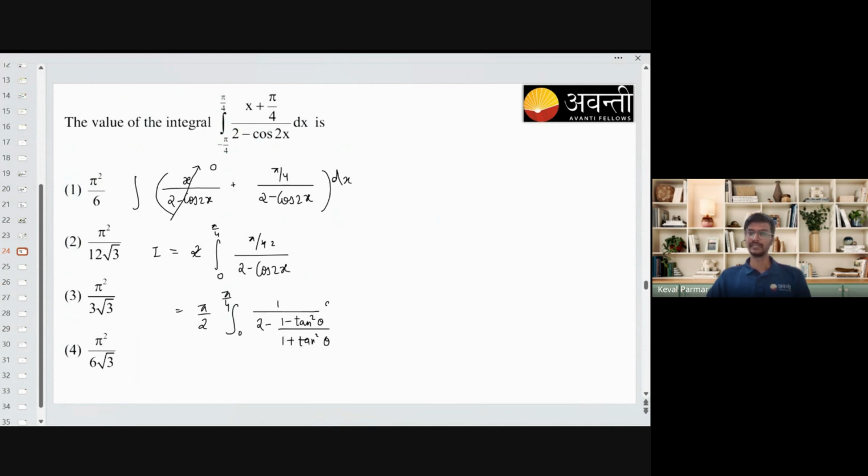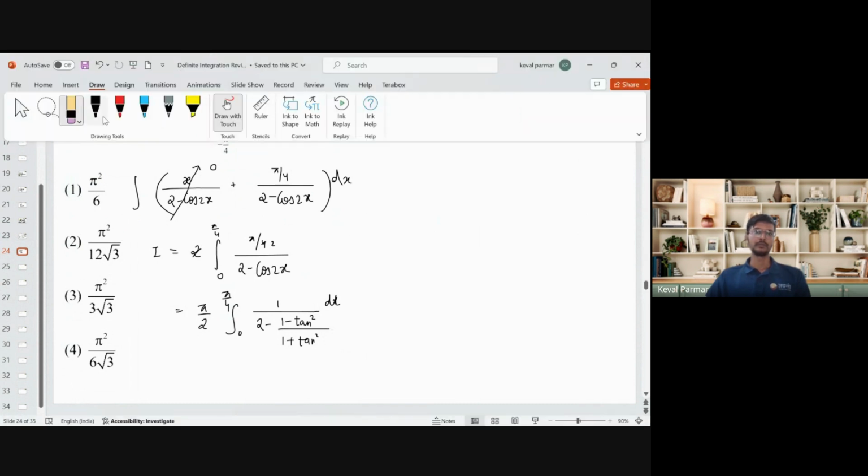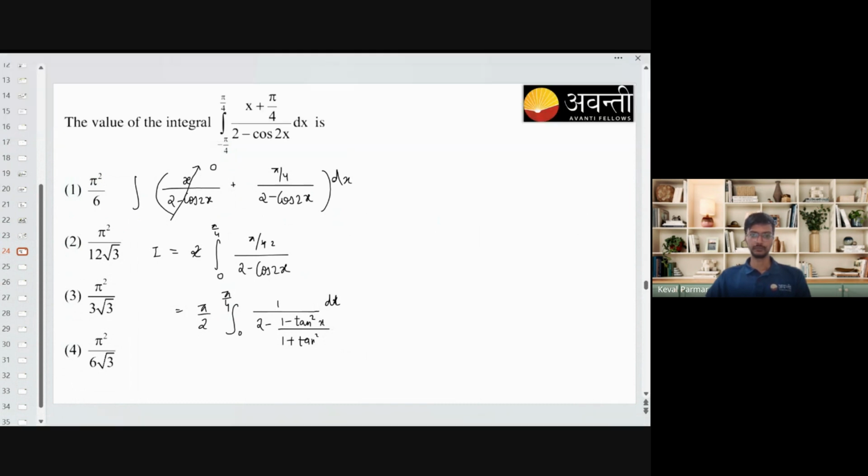Again, guys, please don't mind, I'm not writing dx. Because it is an MCQ we are solving, you must also not write all the steps. So if I take LCM, I'll get pi by 2 integration 0 to pi by 4.